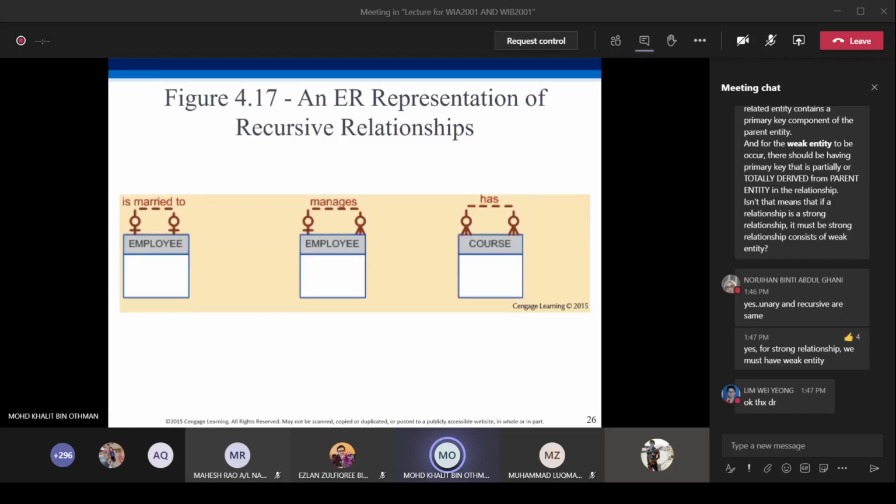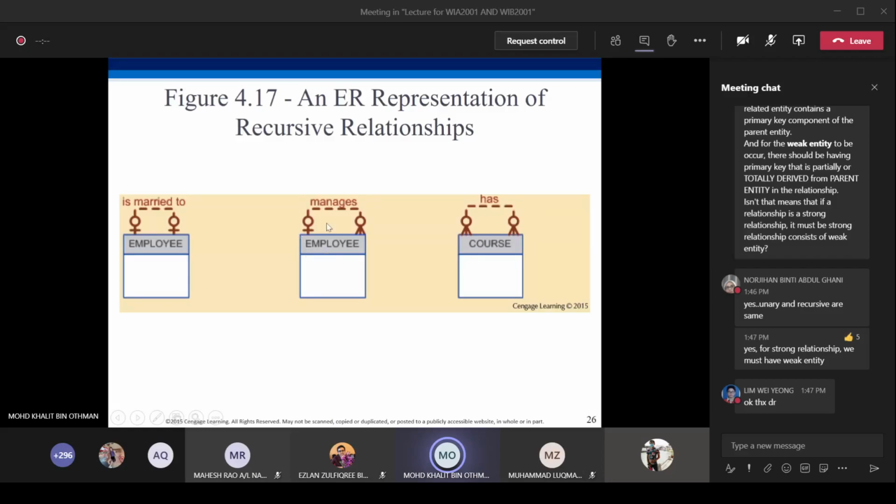And then the second diagram is an example of a one-to-many unary relationship. In this example, we can express it as an employee may manage many employees. One employee may manage many employees.